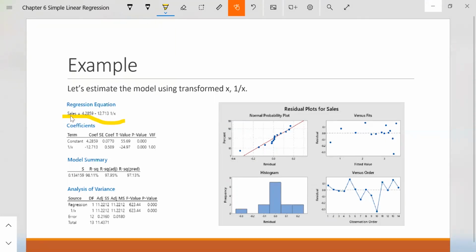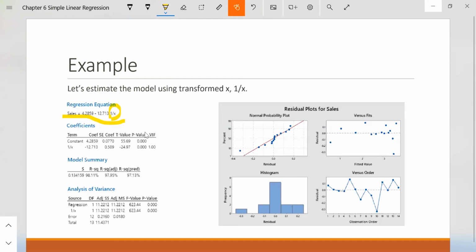We are looking at the relationship between sales and the reverse of advertising expenditure. Now, if it's expenditure itself, we would expect sales and advertising expenditure to be positively related. But if you are taking 1 over x, then you should expect a negative relationship, which is what we got. So that is the right thing.